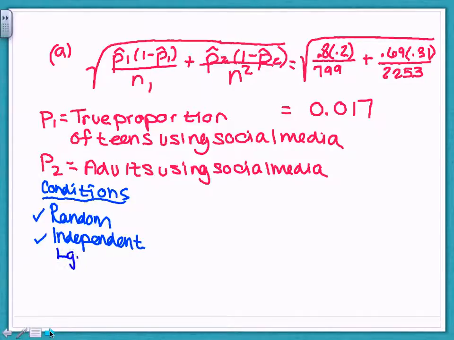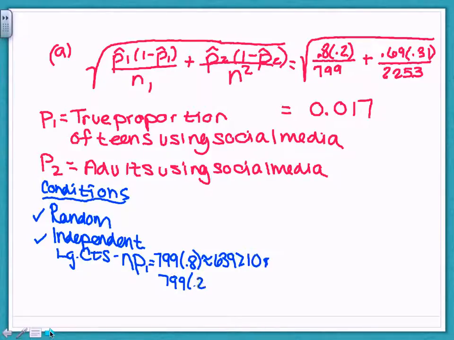Now our large counts. This is going to take a little bit more work here. Our number of expected successes for our first proportion would be about 639, which is definitely greater than or equal to 10, which means that the number of failures would be about 159, which is greater than or equal to 10.